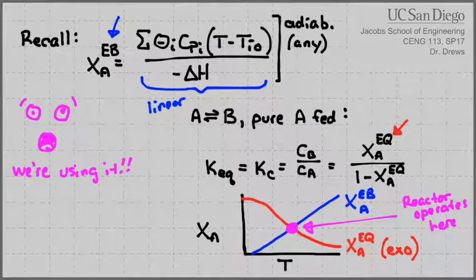At the intersection of those two curves, we could read off our conversion and our temperature. That's the basic idea. We've already solved these problems several times. We've normally done it using MATLAB, so we can just dump it into ODE45 and it'll figure this information out for us. But there is a graphical approach that looks like this.